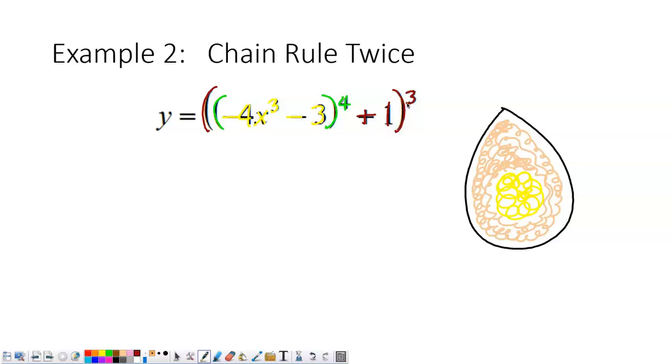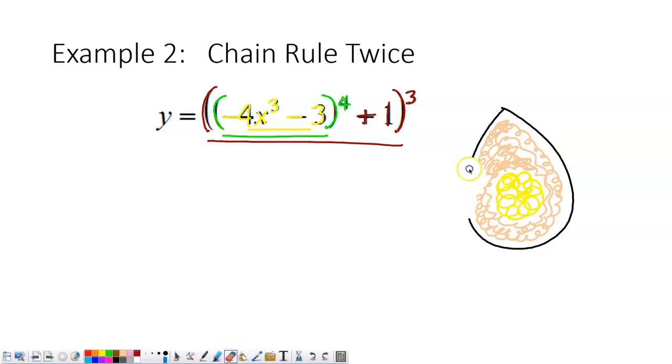And so, chain rule twice, it's like having a function inside of a function, which is, you got it, inside of a function. A function inside of a function inside of a function. Okay? And so when that happens, you get to do the chain rule twice.